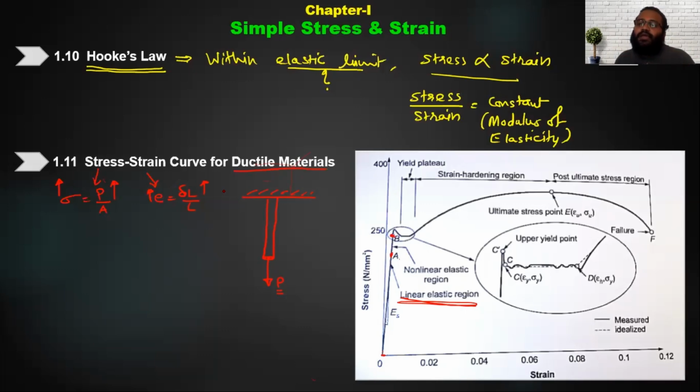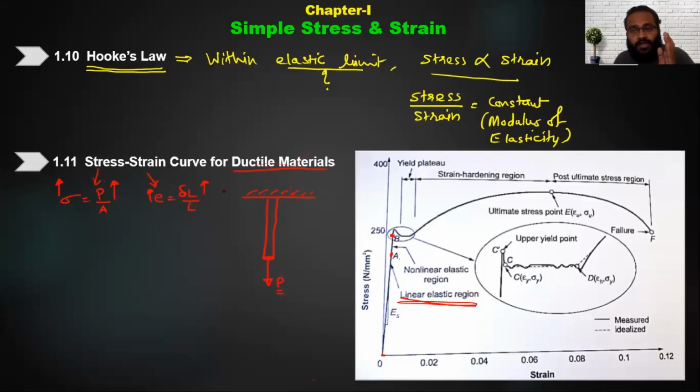So up to point A, it is a completely linear process. Now after that, you will find that earlier every 10 kg caused a 1 mm increase. Now you add 10 kg, and instead of a 1 mm increase, you will find 1.2 mm, 1.3 mm, 1 point something extra mm. That means now the wire is extending more as compared to the load applied.